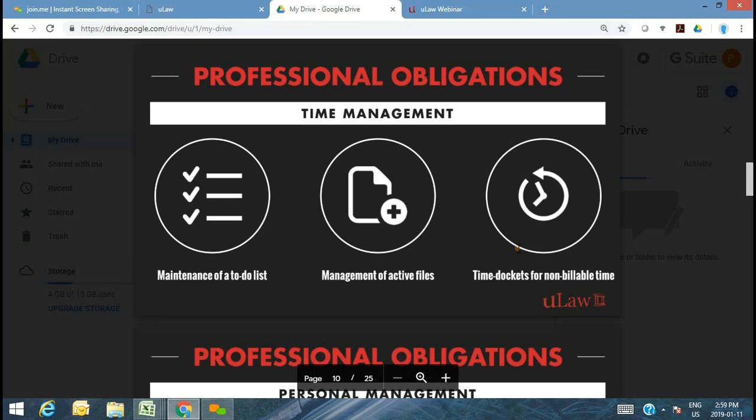This is something cool. They talk about how a legal practitioner should always be focused in managing the active files. What that really means is if you actually completed work successfully for a client, do take the opportunity to mark that as a closed file, something that you're done with. You don't have to deal with anymore.